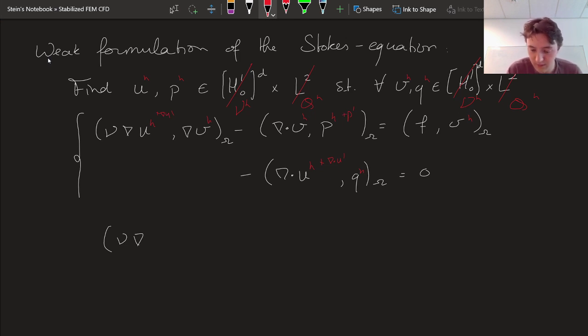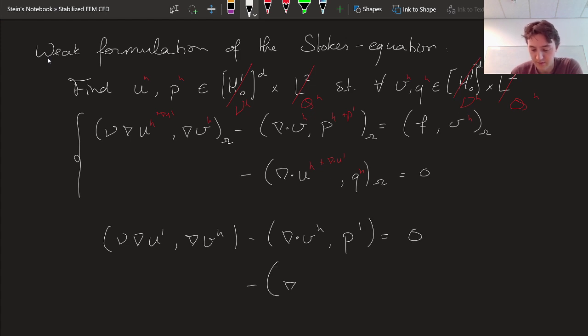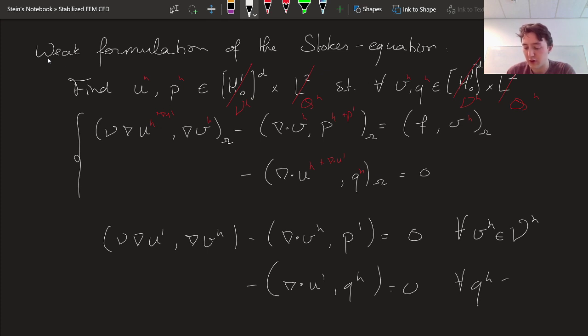That the following needs to be true, that these weak statements need to hold. This has to be true for all VH in our discrete approximation space. And this one has to be true for all QH in our approximation space.